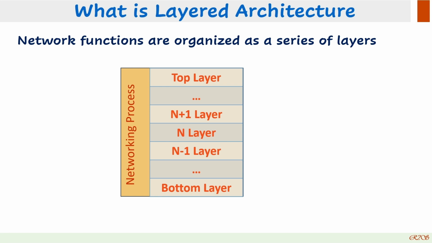This layering is nothing other than dividing the whole complex network process into different functions. So layered architecture is dividing the complex network process into different functions.